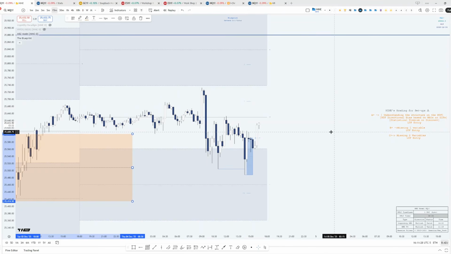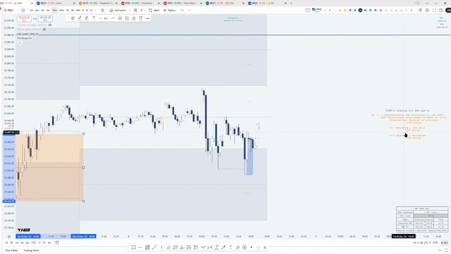But let's say we did not have a discount from the statistical zones, or this did not exist and we had no 4-hour MBZ. Then we'd be in the B plus category or the B rating, right? Because of that, then we should put less risk. Doesn't mean we can't enter. It just means try it, but with less risk.